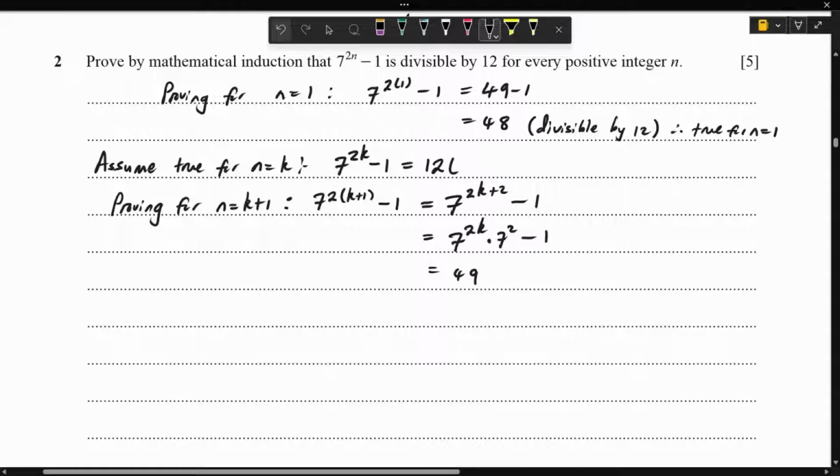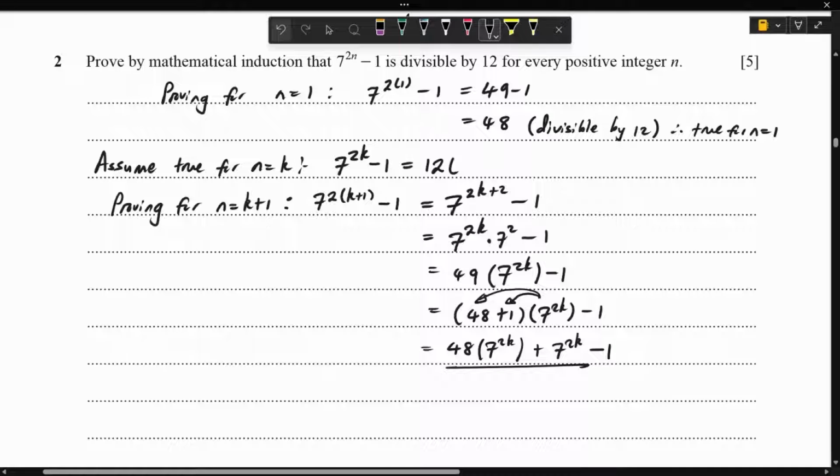That's like 49 times 7 to the 2k minus 1. That's like (48 plus 1) times 7 to the 2k minus 1. That's like 48 times 7 to the 2k plus 7 to the 2k, I'm just expanding brackets, minus 1. So I multiplied the 7 to the 2k into the bracket to get these two terms.